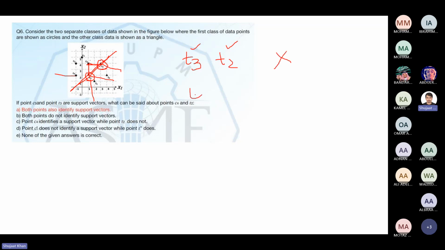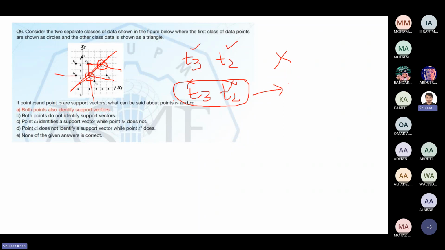But if you remove both, only then will the margin change. It means both T2 and T3 are actually on my hyperplane, which is making a support vector. So this is why both T2 and T3 belong to the support vectors.